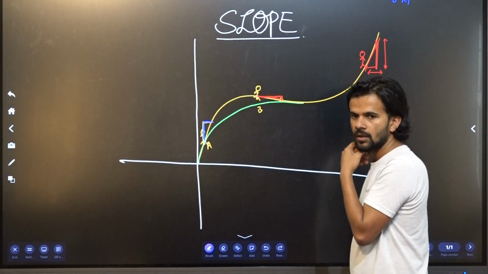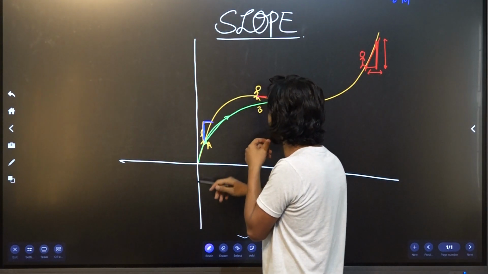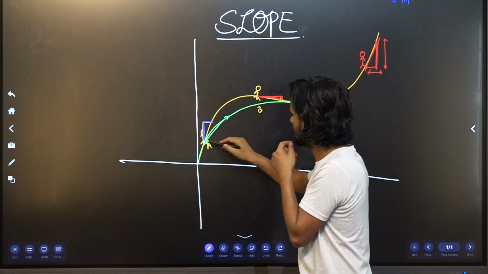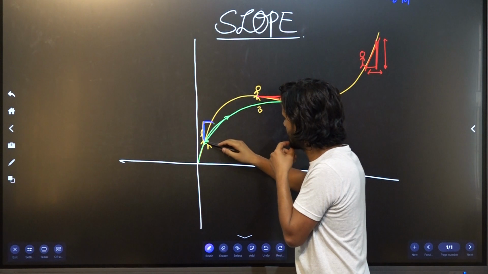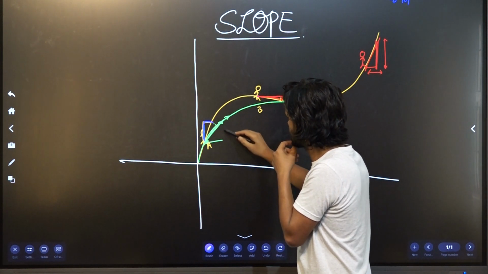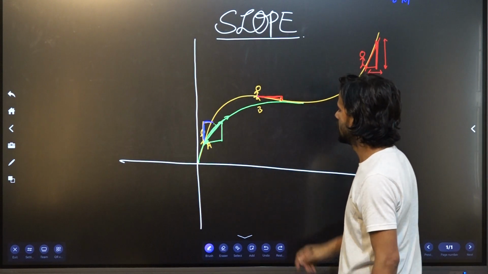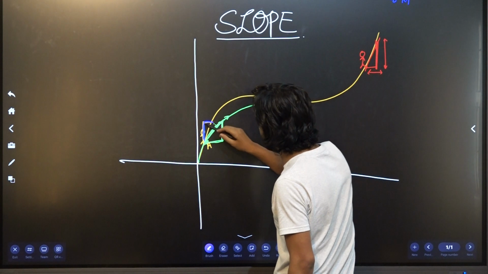So, if a person goes from here to here, of course, what is happening at this point? If he wants to come from here to here, he covers more horizontal distance than here, right?